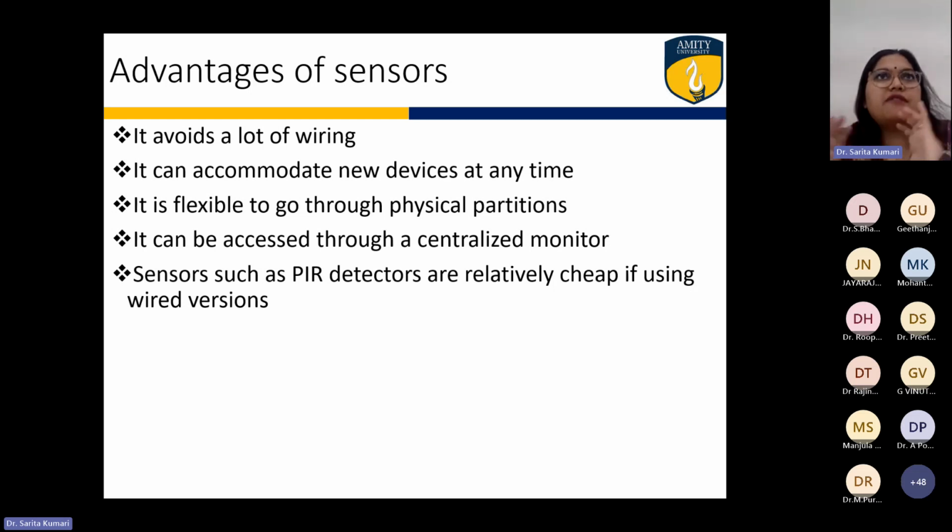If you have connected everything with IoT devices or remote control devices, then when you are coming back to your home from the office or from the airport or anywhere, you have the facility to switch on your geyser or AC or light before reaching home, so that it will be pleasant for you to enter or to stay. Then again, sensors such as PIR sensor detectors are relatively cheap if using the wired version.